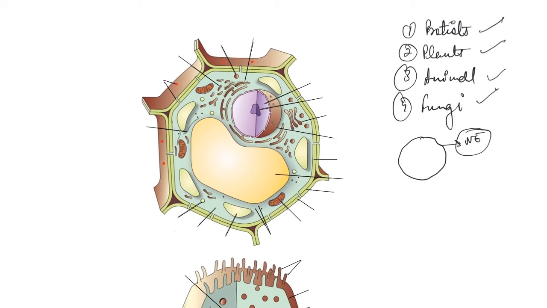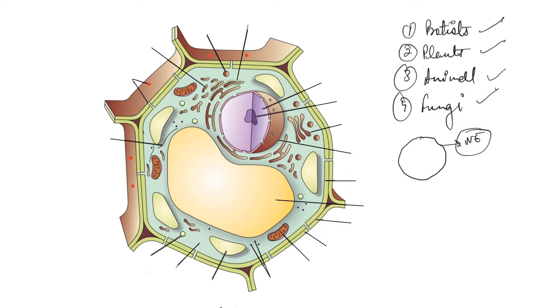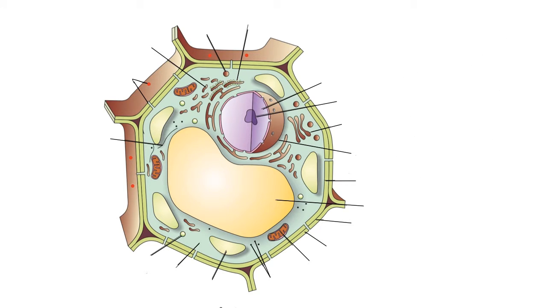So if you see this structure, this is the structure of a plant cell, guys. And if I have to completely name all the organelles that you can see here, the outer part is the cell wall. So this outer thing is the cell wall, right?